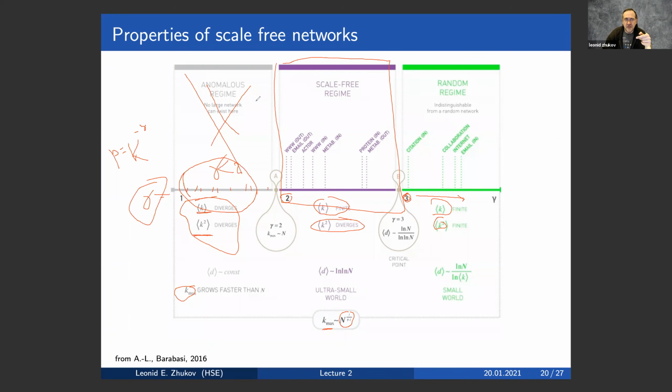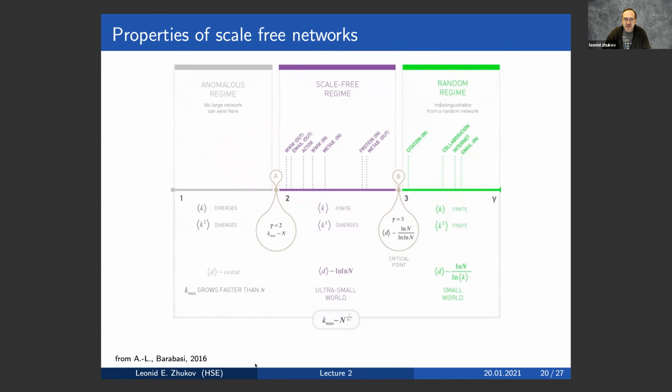So this is an anomalous regime, physically impossible to exist. Now, this part is called the scale-free regime. And on the right-hand side, this is called the random regime. It's, again, a more standard story. And so this is this fascinating part, the scale-free property.